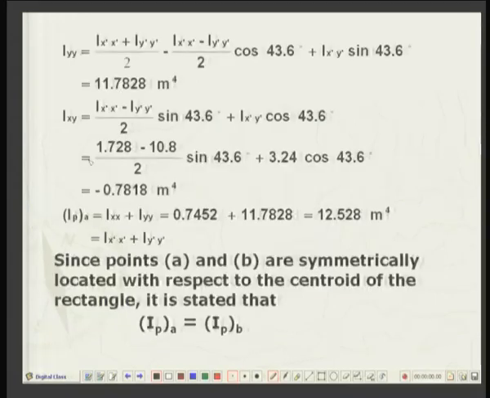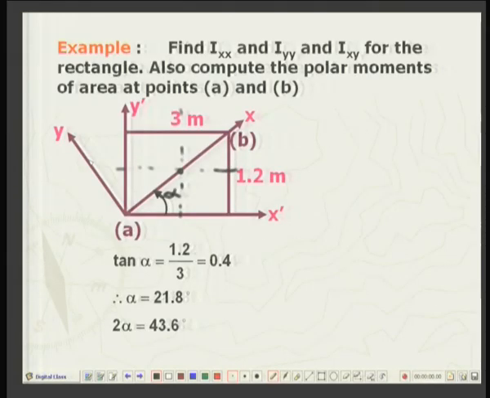shift these quantities about the inclined axes. Oh, sorry. These inclined axes at angle alpha, which is 43.6 degrees, the x axis and y axis. So, I have to use the rotation formula.